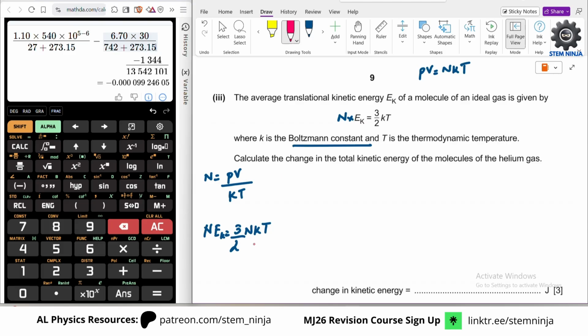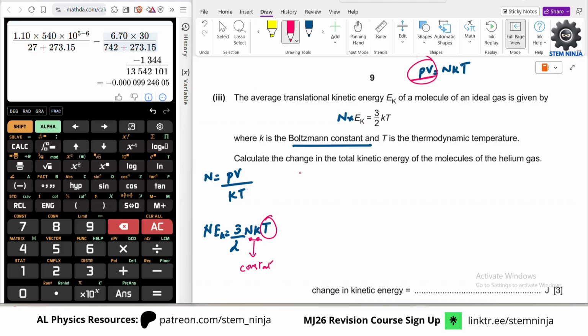Now, in all of this, N and k are constant, right? The only thing that's changing is T. So we can also show this with respect to PV.